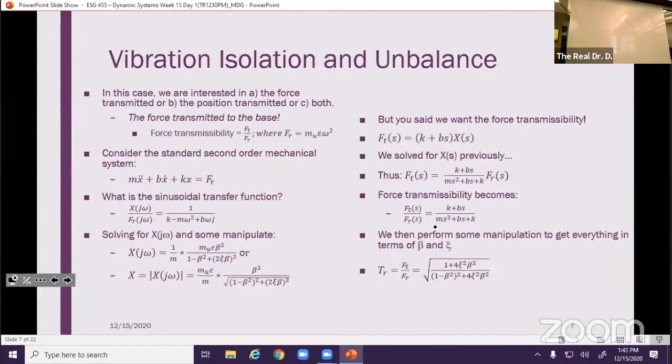So it looks slightly different when compared to what? It's slightly different when compared to the original transmissibility equation that we came up with in terms of beta and zeta. Will it be more or less for the same beta and zeta? That's something we can plug in.